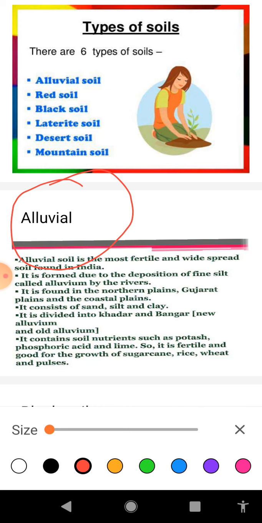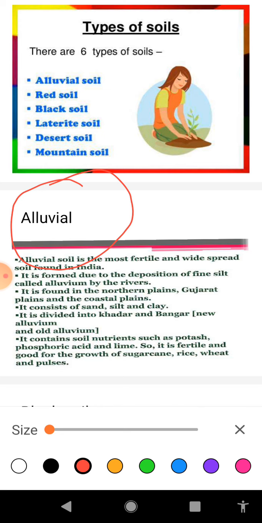On the basis of formation, soil can be of two types, transported and residual. So alluvial soil is an example of transported soil, and black soil and red soil are examples of residual soil.